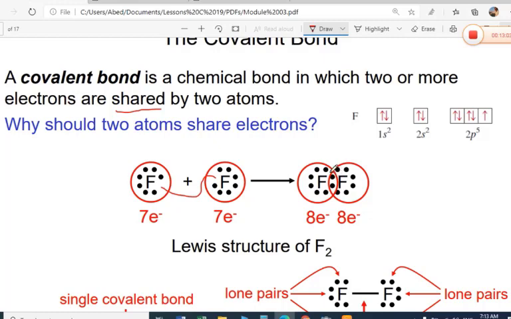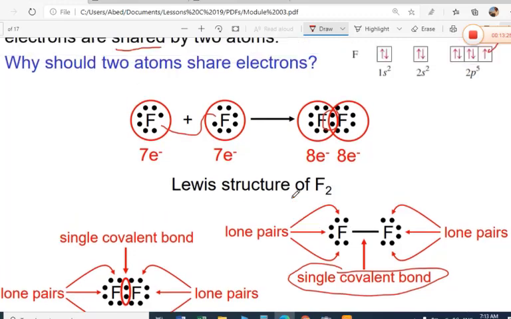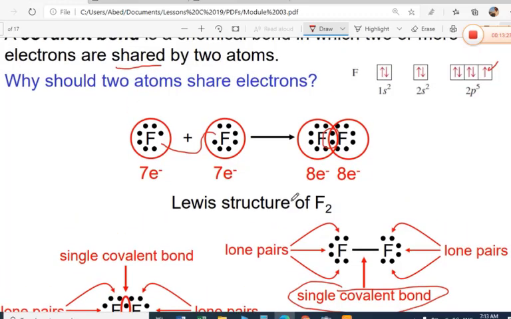This is the shared pair of electrons, forming a single bond. In the configuration, one orbital is empty and one electron is missing, so they share, and it is called a single covalent bond, because one electron is shared by each fluorine atom.